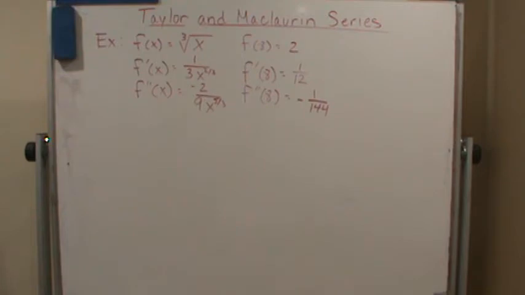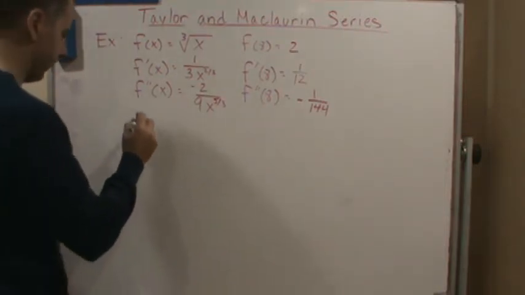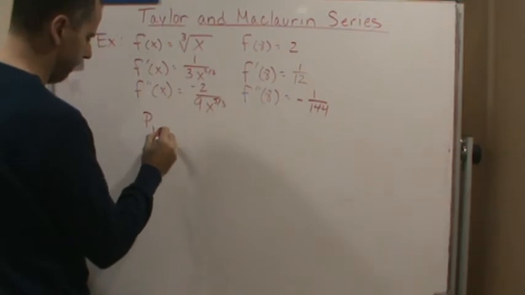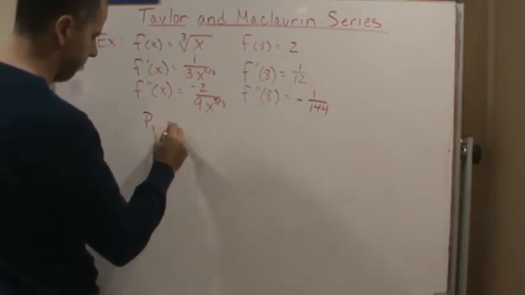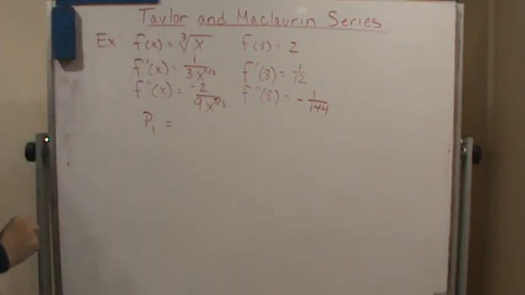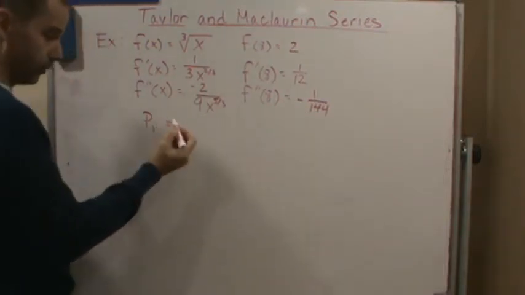Okay, so now we can write the first and second Taylor polynomials at x equals 8. So P1 equals what? Well, P1 is going to be f of a, which is going to be 8 in this case. So we're just following the same pattern for Taylor polynomials.